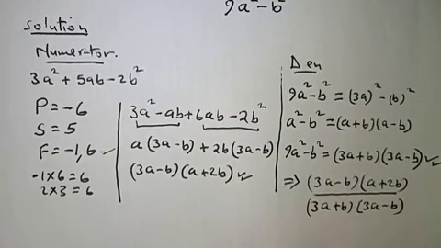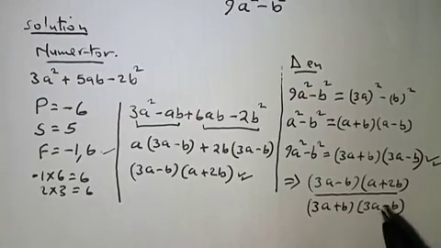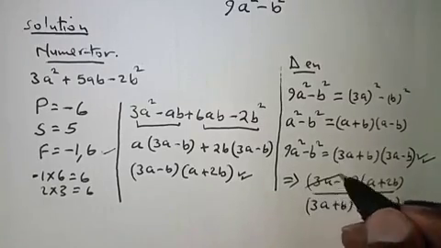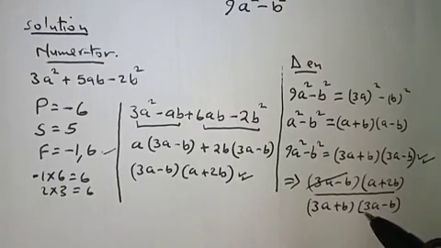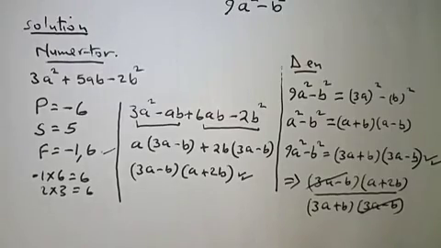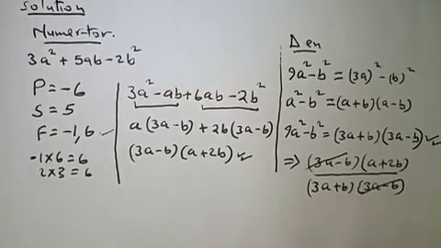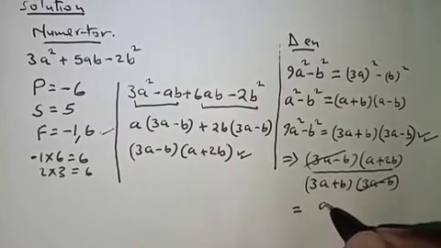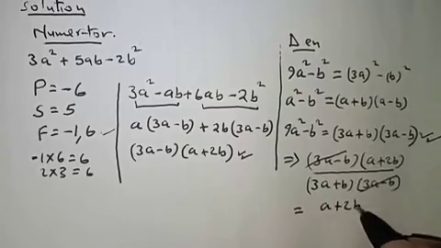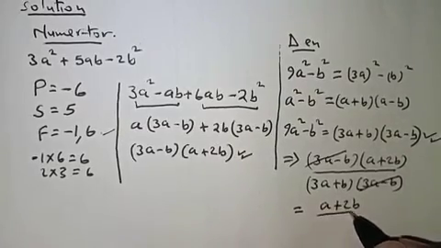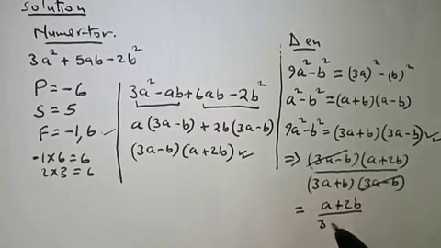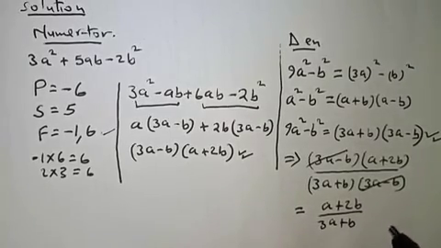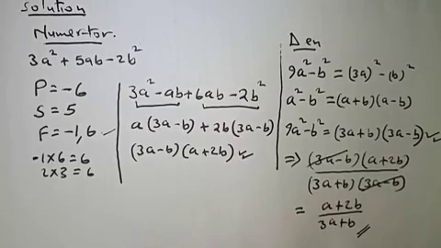We can now see that there are factors which can cancel on the numerator and denominator, and that is 3a minus b on both, so that finally we have the result as a plus 2b on the numerator all over 3a plus b, and that's it.